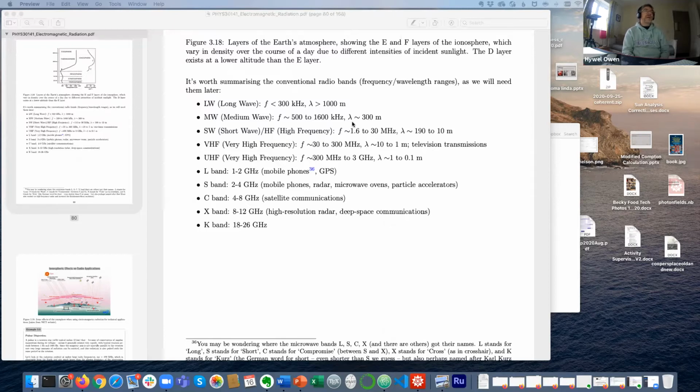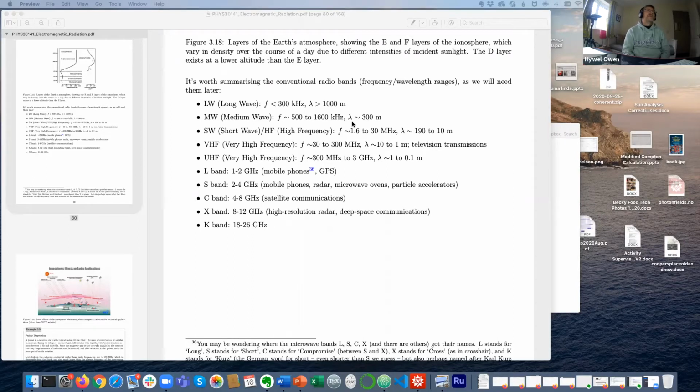Above this, when you want to have enough bandwidth, enough ability to encode higher rates of data, you need to move to the VHF and UHF bands. And the VHF band is the one that is predominantly used for television transmissions. Going to very, very high frequency, this is UHF. UHF sits between something like 300 megahertz to 3 gigahertz.